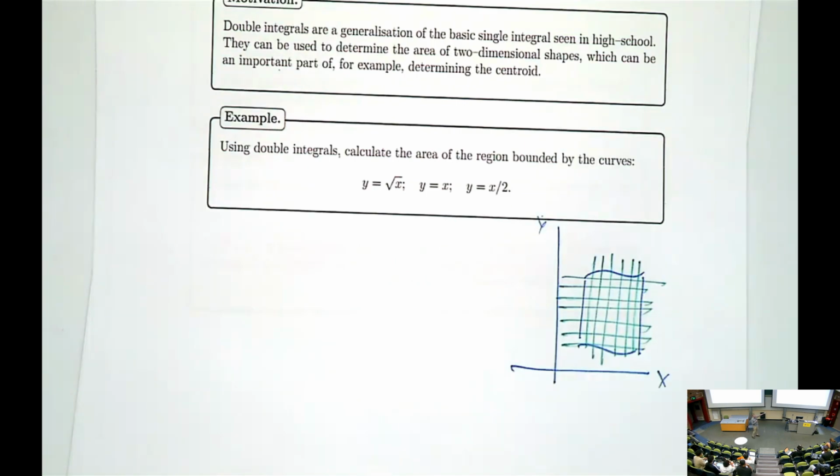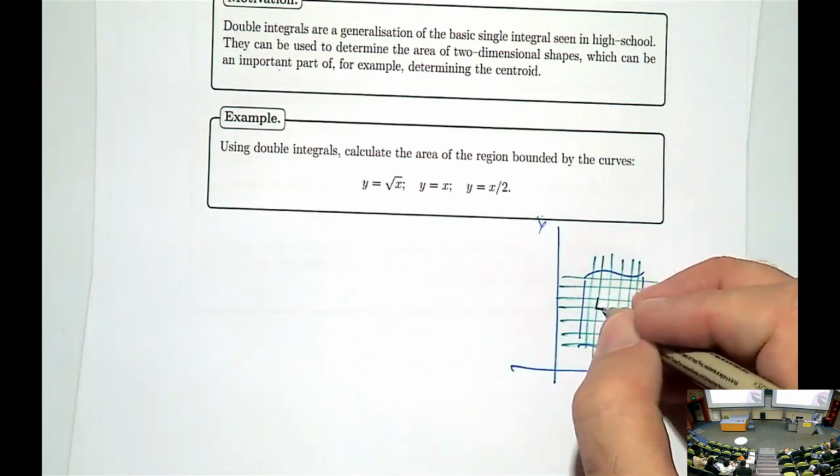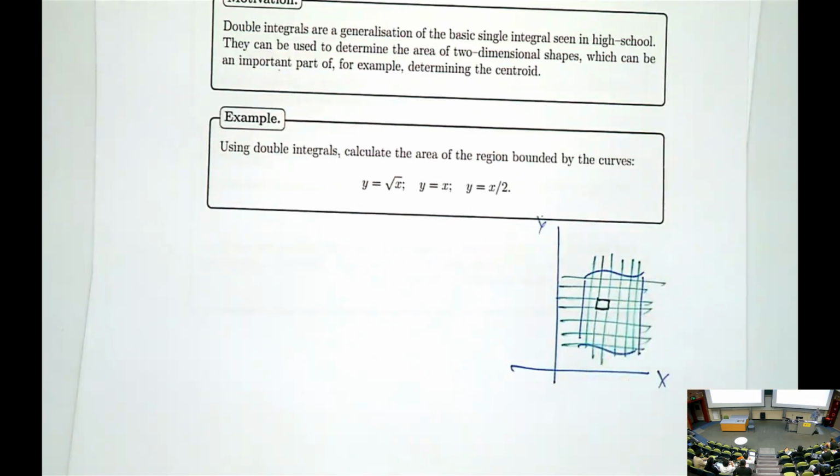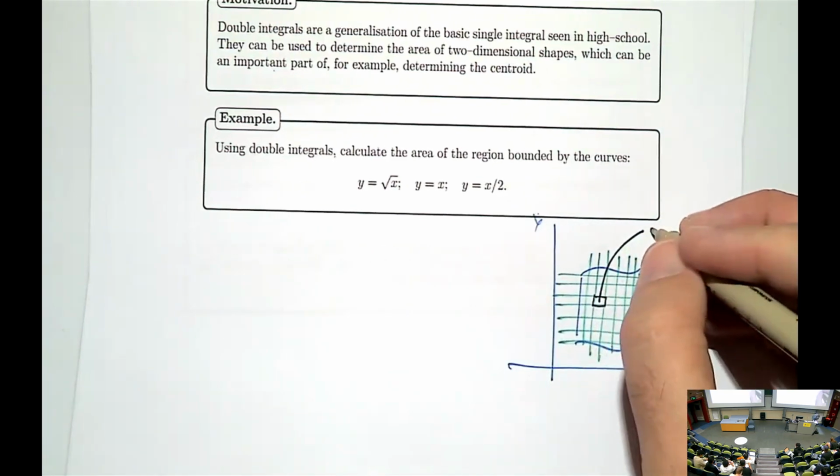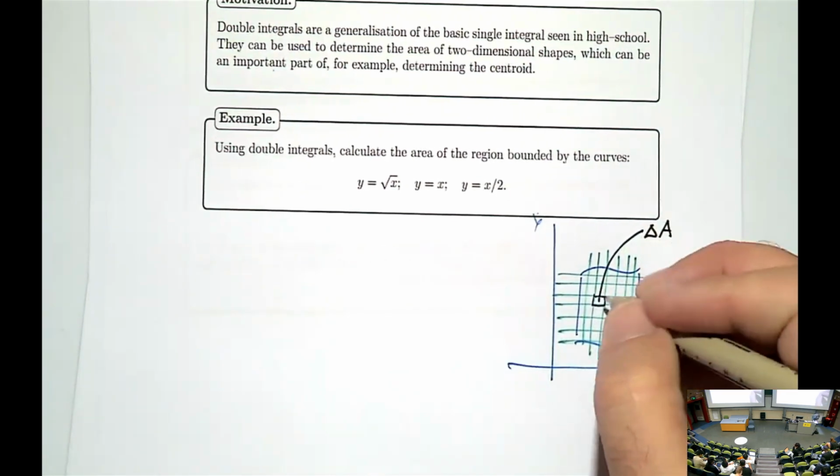So what are we left with? We're left with a lot of rectangles. If I compute the area of each of these little rectangles and add them all up, I'll get an approximation to the area of the shape. Would you agree? So let's talk about the area of a little rectangle.